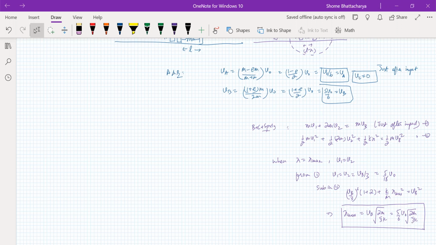It will keep oscillating between compression and extension, because energy conservation continuously converts kinetic energy to potential and then potential back to kinetic. As long as the spring is compressed, it is pushing the block C. And the moment the spring extends, it starts pulling back the block C. Yes, sir.